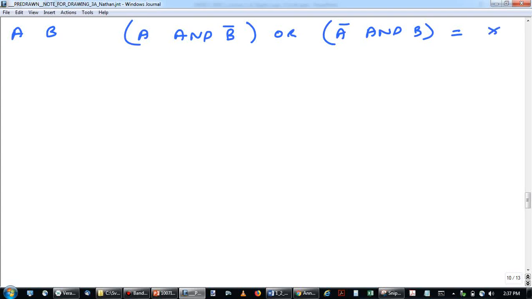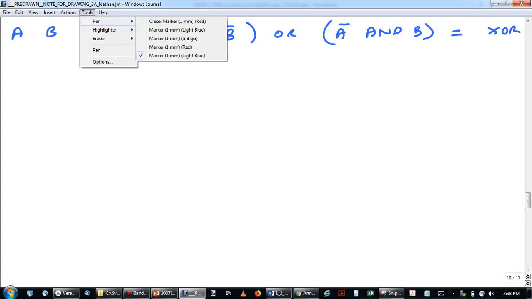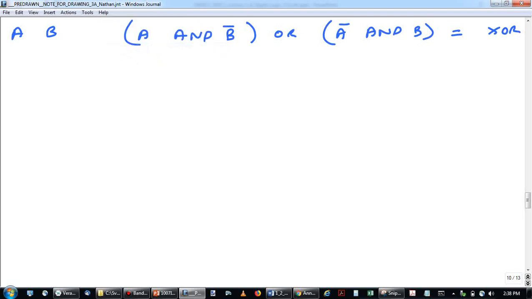So the statement was we have an A and a B. And then it said A and not B in brackets, or not A and B equals, and we said it was XOR, so X actually in this case. That's what that statement was saying. Well, we'll do the same thing. What values can my A and B have? Well, we'll start with 0, 0. Also could have 0, 1, 1, 0, and 1, 1. And let's plug them in.